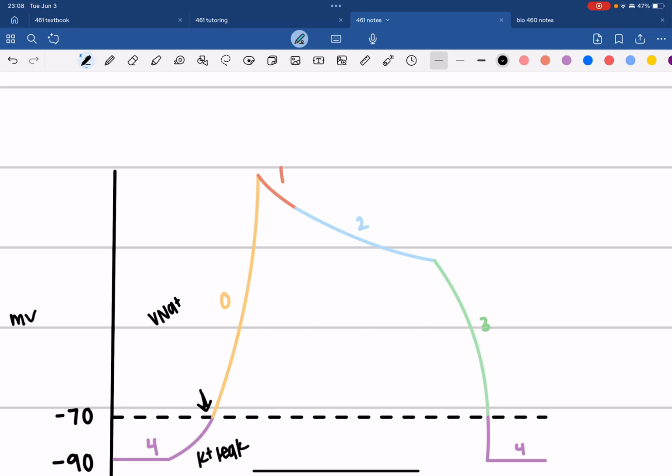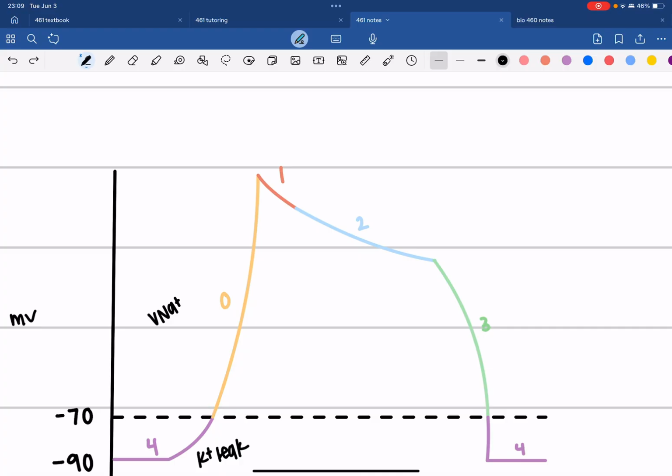Voltage-gated potassium channels are really slow opening, and voltage-gated calcium channels open a little bit slower, but potassium's going out of the cell, right? Making the cell more negative, repolarizing the cell, but then calcium's going into the cell, making the cell more positive, depolarizing the cell. And we get this equalization of charge, which is pretty interesting, that we don't really get to see anywhere else.